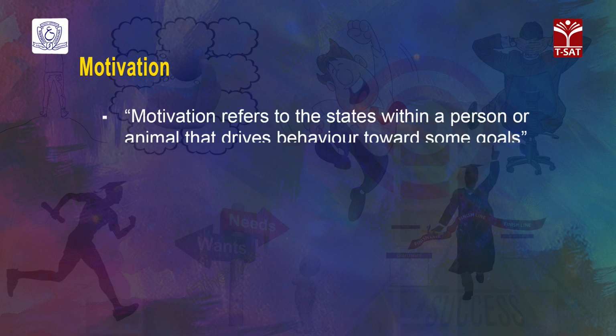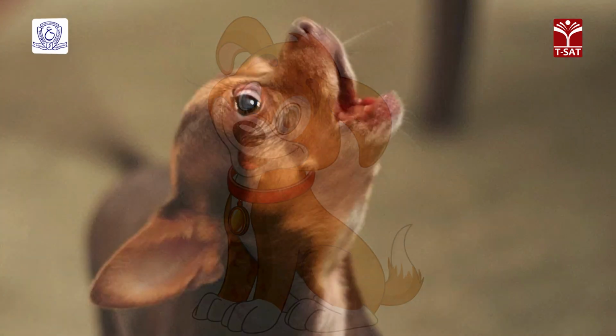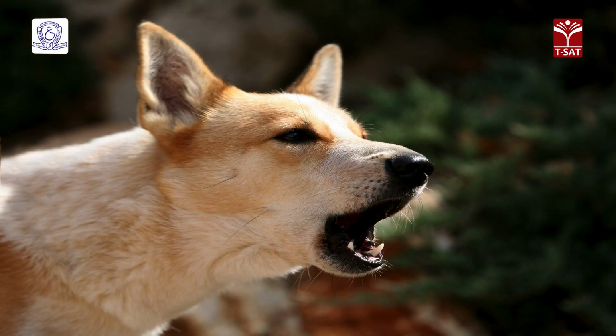Then we have Morgan and King, who defined motivation as states within a person or animal that drive behavior towards some goals. So, whether it is an animal or a human being, only when they are driven, only when they are motivated, they are engaged in a particular behavior or action. For example, if you have a pet animal like a dog, you can see it barking when it is hungry.